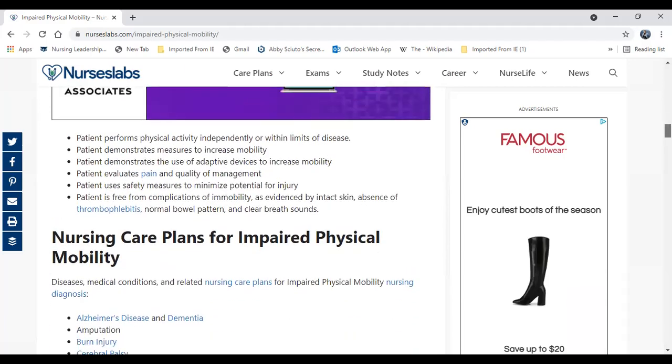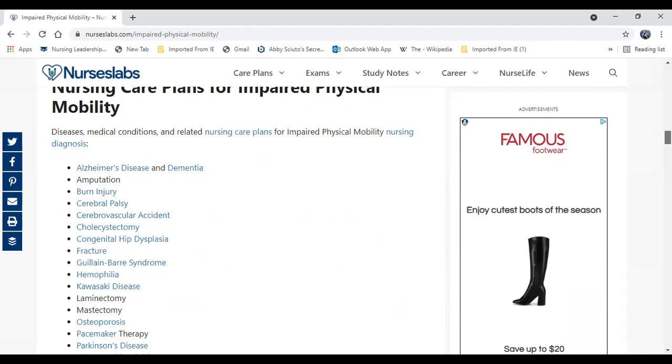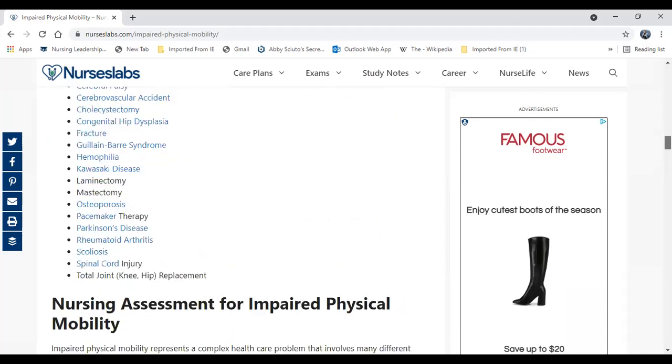And here's some of the things. The patient will be able to do this physical activity independently. They would be able to demonstrate measures to increase their mobility. So these are some of the things. Demonstrate the ability to use the adaptive device, which she wasn't doing previously, right? Which is why she fell. Oh, and look, our disease is down here too, osteoporosis.